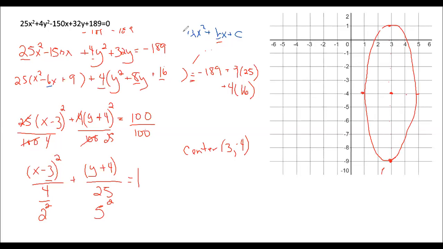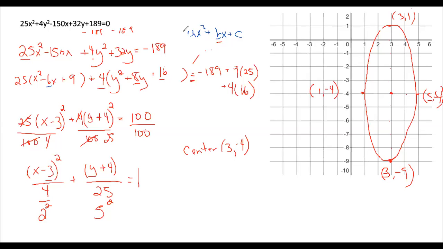Now we can find these points. This is going to be 3, negative 9, and up here this is 3, 1. This is 5, negative 4, and this is 1, negative 4.